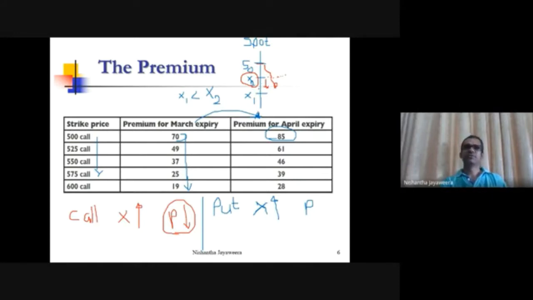So now tell me what would happen to the premium when the strike price increases. What are the chances of exercising a put option with a strike X2 and strike X1?